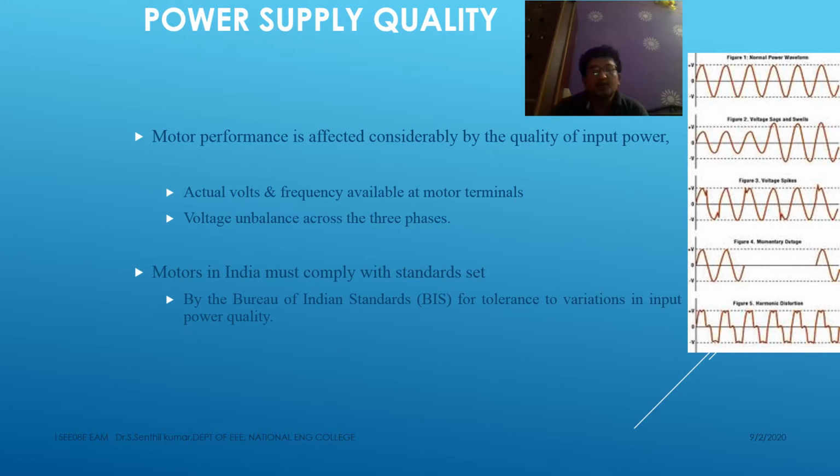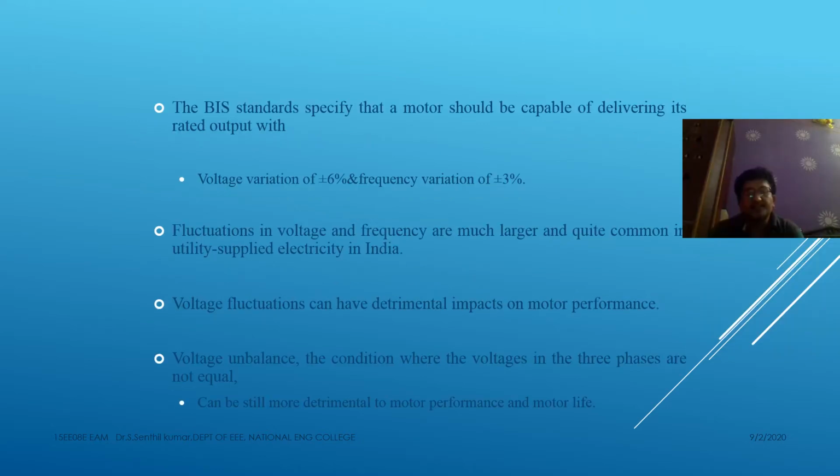The motor manufacturers in India follow the standard of the Bureau of Indian Standards, that is the BIS. BIS has some tolerance in the input power quality. A voltage variation of plus or minus 6% and a frequency variation of plus or minus 3% can be accepted.